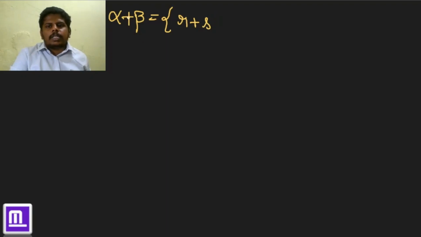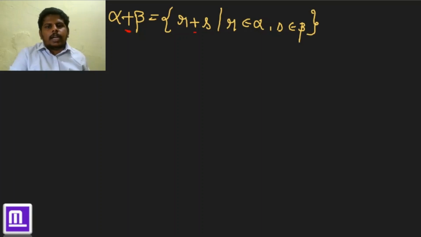Here this plus is an addition of cuts, and here this is our well-known addition of rational numbers. So it is a set of all r plus s, where r and s are rational numbers in such a way that r belongs to alpha and s belongs to beta.